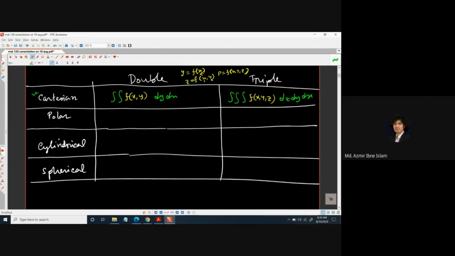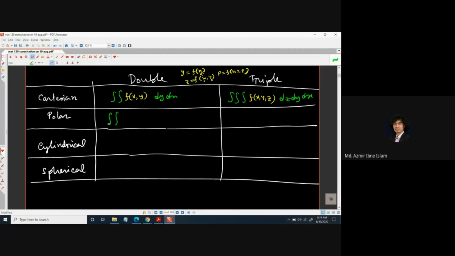You don't need to go through polar, cylindrical, or spherical for now. You have another course, math 216, that is linear algebra and Fourier analysis. In that course you will get to know all these things in detail. But for now, try to understand the patterns.